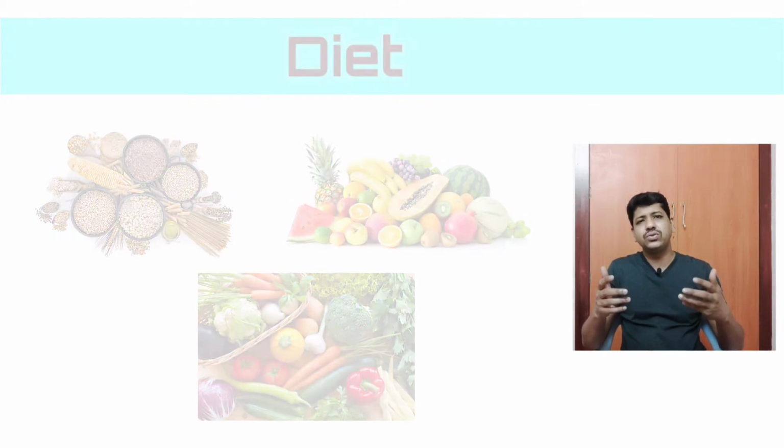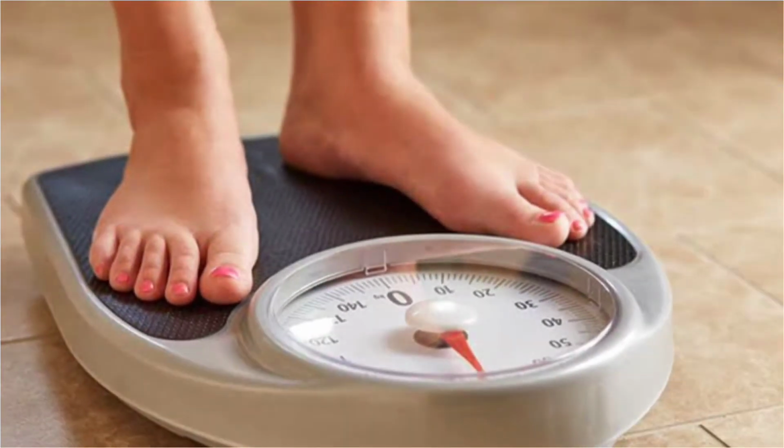And try to lose at least 7 to 10% of your weight if you are in the obese or overweight category, okay? And you should at least exercise. You don't have to hit the gym, lift weights and beef up your muscles.